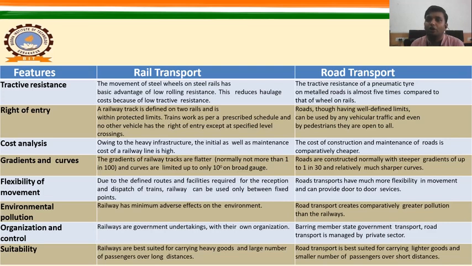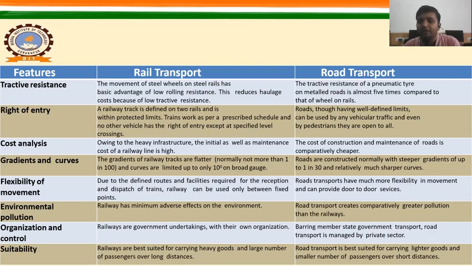When we talk about gradients and curves, the gradients of railway tracks are flatter, normally not more than 1 in 100, and curves are limited to only 10 degrees on the broad gauge. So the maximum degree of curve is 10 degrees, which is for the broad gauge.